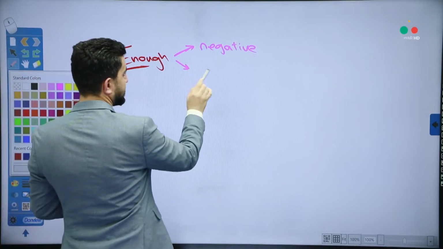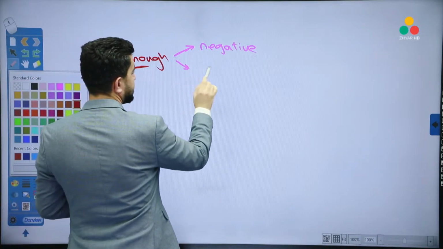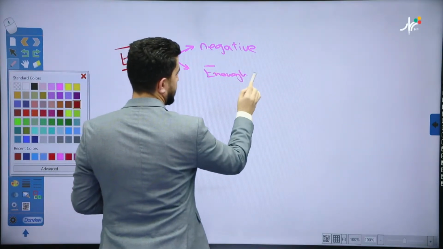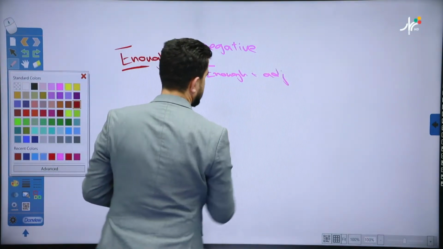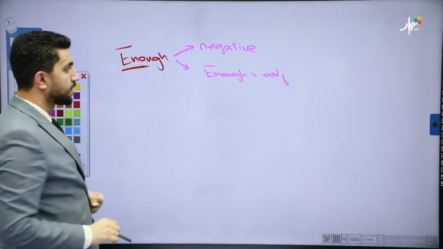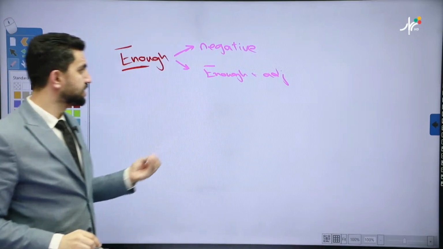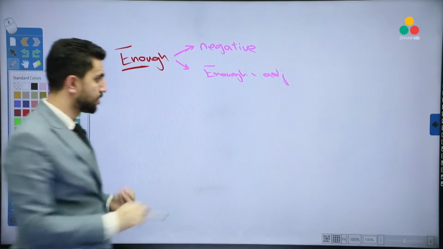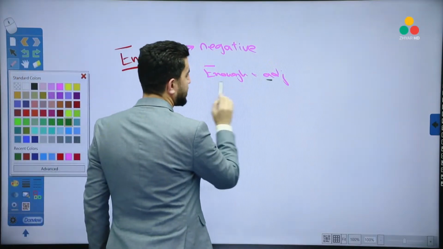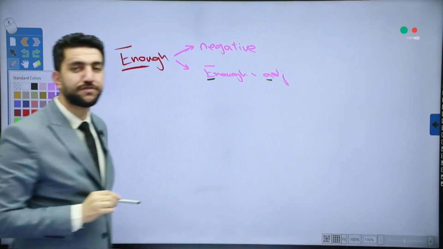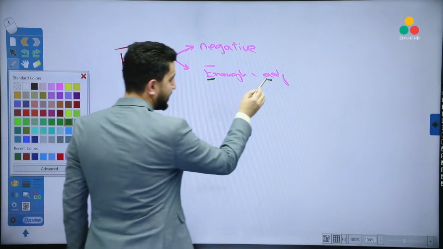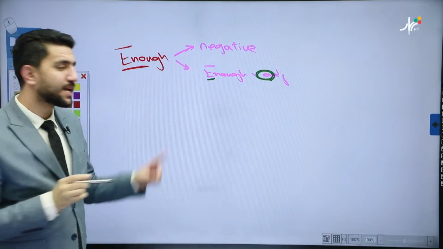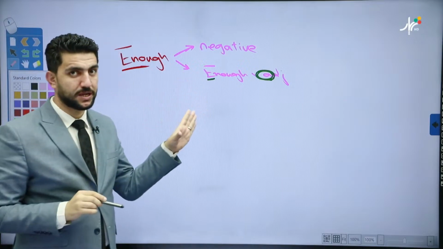So the trick is, if we have enough and an adjective, how do you know which one comes first? Look, you can use alphabetical order. A, adjective, alphabetically comes before E, right?